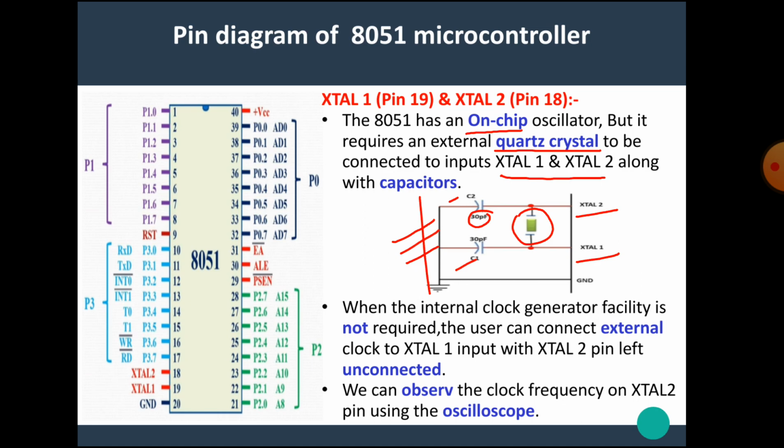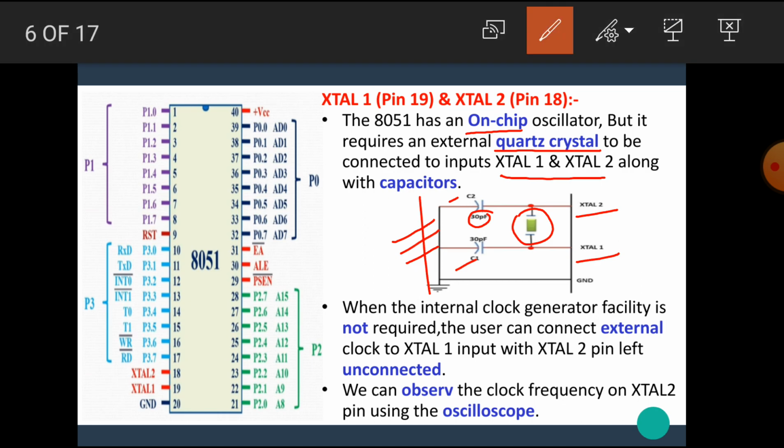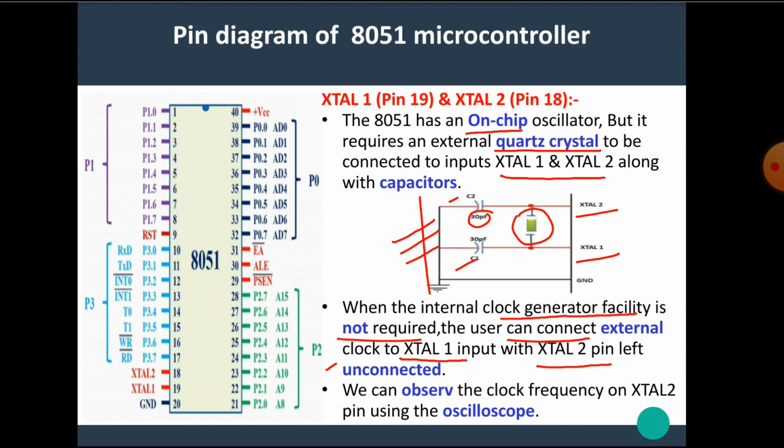Next, when the internal clock generator facility is not required, the user can connect an external clock to the XTAL1 pin with the XTAL2 pin left unconnected. We can observe the clock frequency on the XTAL2 pin using an oscilloscope.